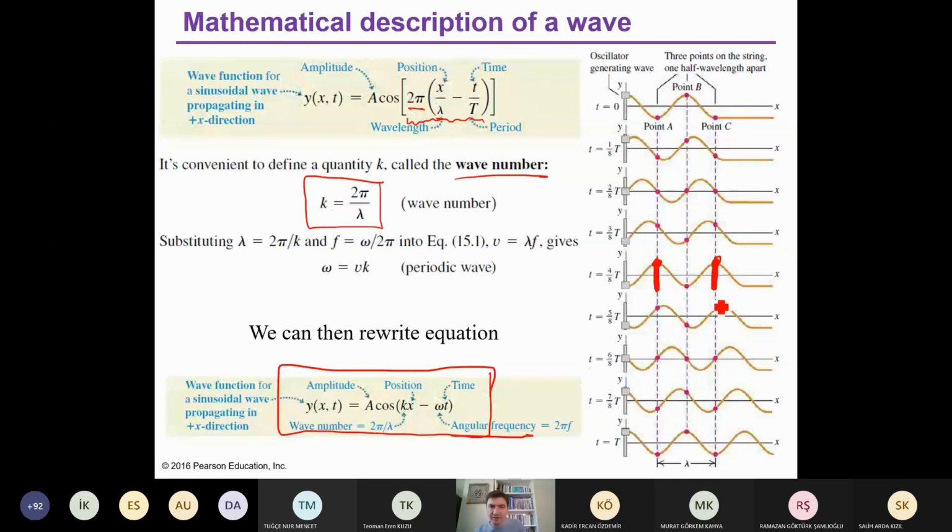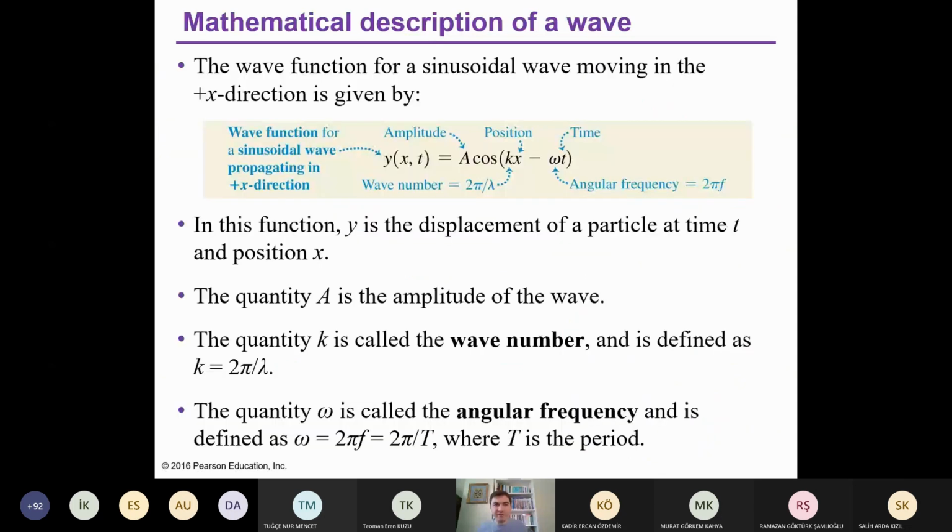So here we have x1, here we have x2, so then here you have x, here you have x. Depending on the particle on the wave, you can choose the proper x, then you can investigate the behavior of this particle along the y-axis. So then we have the wave function for a sinusoidal wave propagating in positive x direction, which is given with this expression.